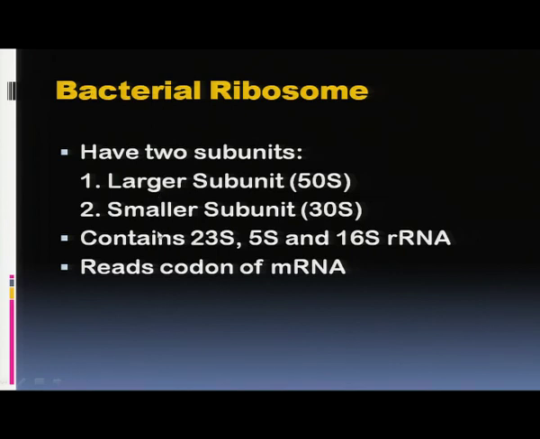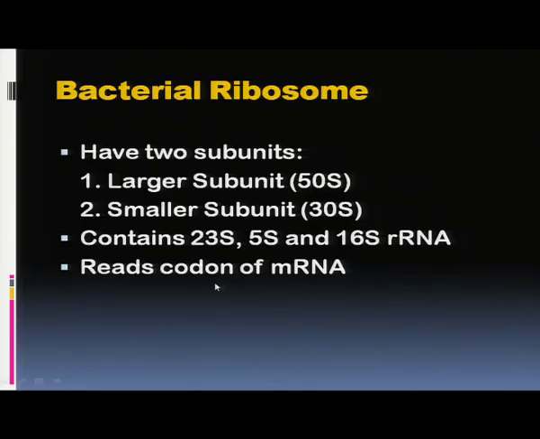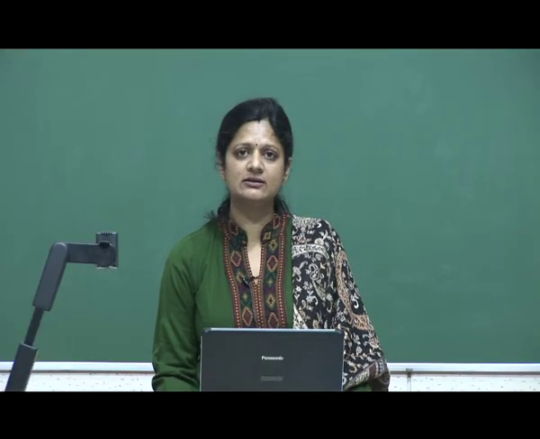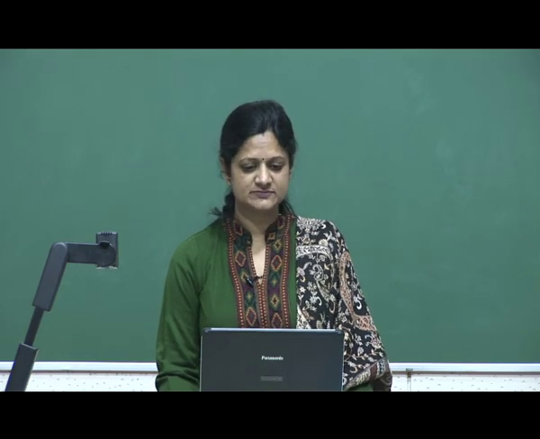These subunits contain 23S, 5S and 16S ribosomal RNA in them, and these ribosomes help in reading the codon of messenger RNA during protein synthesis. These ribosomes will read the codon of messenger RNA, will give the signal for the amino acid, and the protein will be synthesized.